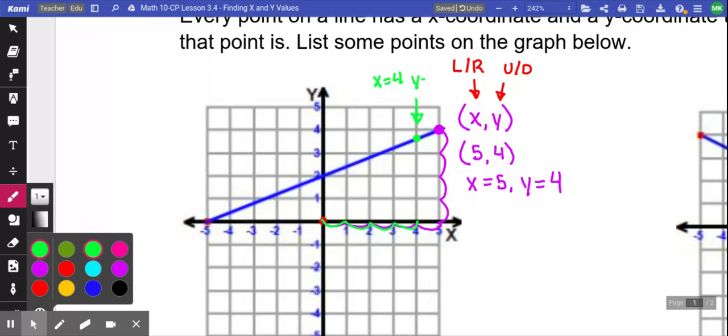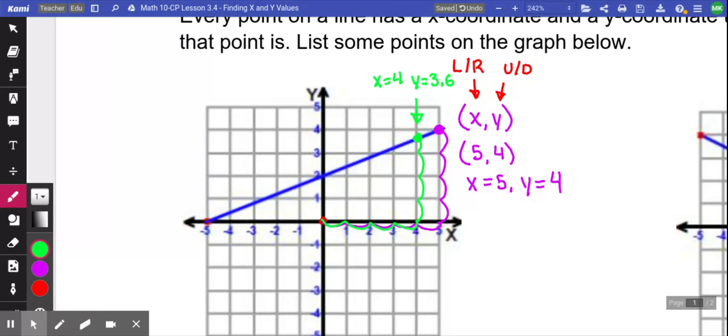The y value is a little bit harder because it's 1, 2, 3, and then kind of a half, maybe a little bit more than a half. It's about 3.6, we'll say. But that point has a value. You could stop anywhere on that line and it would have x values and y values to help you locate where it is.